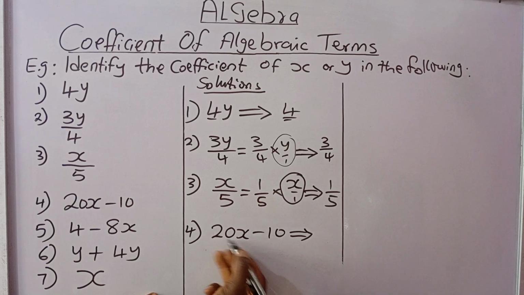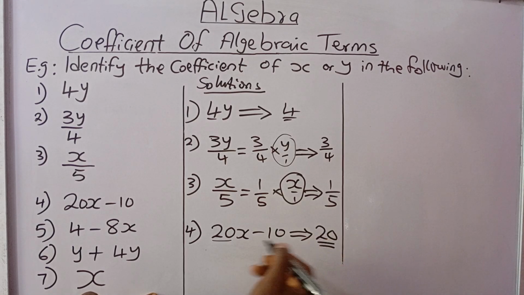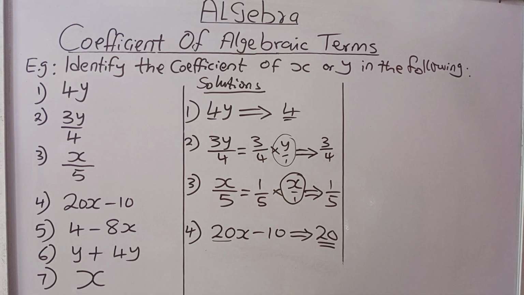So we are concentrating on the one that is attached to x, and that number is 20. That is the coefficient of x in this particular instance. The reason being that this 10 has no x in it, so you cannot evaluate both of them together because they are unlike terms.